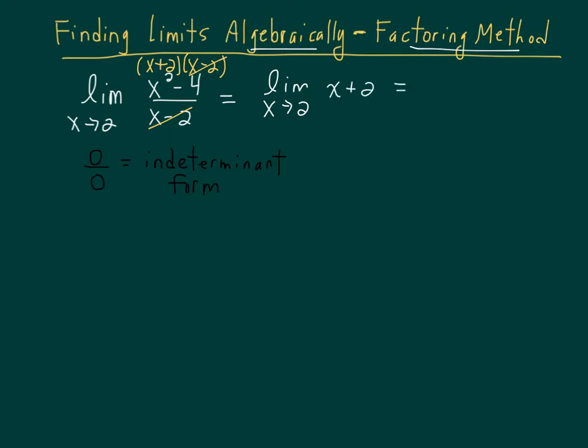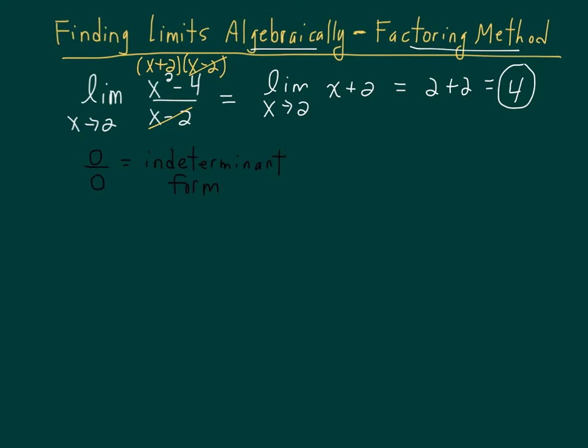From there, I can apply my direct substitution, and recall we got an answer of 4 when we looked at a table of values. So the factoring method is simply you're going to factor, you're going to cancel out your common factors, and then you're going to resubstitute.